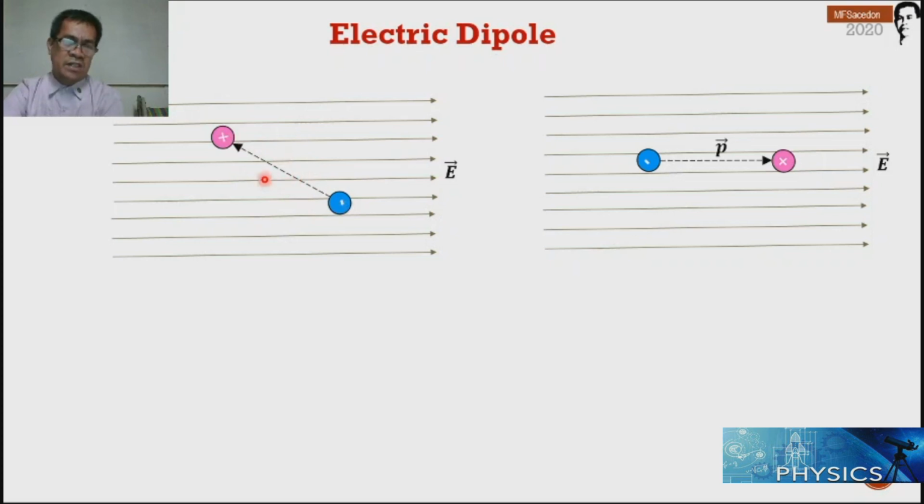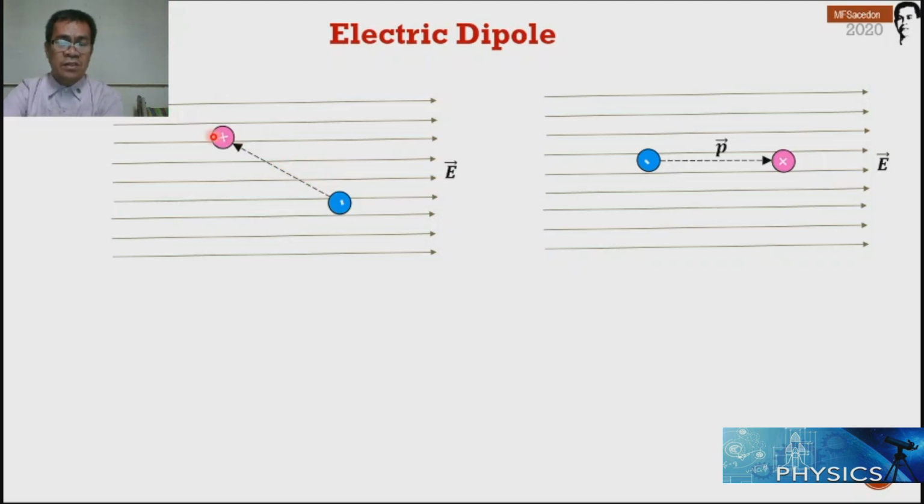Is the rotation in the same direction as previous? The answer is yes, but the amount of rotation is different from the previous. Why? Because the angle between the dipole moment and the electric field is greater than 90 degrees, so the amount of torque will increase.